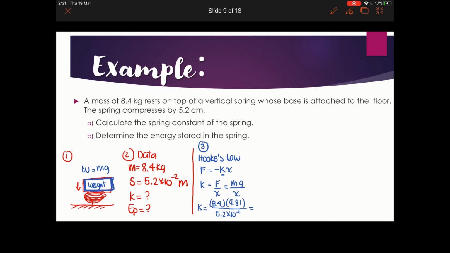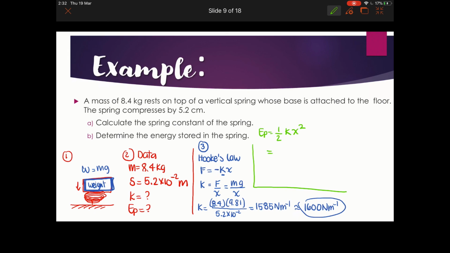If I make the calculations, I am going to get that the answer is 1,585 newtons per meter. Now let's consider that we have two significant figures and two significant figures. So rounding my answer, I am going to have the value for the constant of the spring. Now let's calculate the energy stored in the spring. The energy stored in the spring is going to be the elastic potential energy, and the formula is 1/2 of the constant of the spring times the displacement squared.